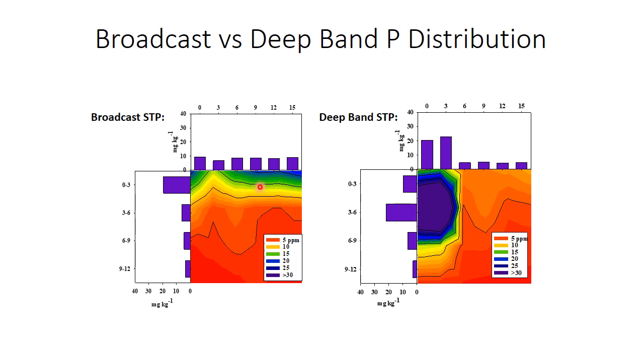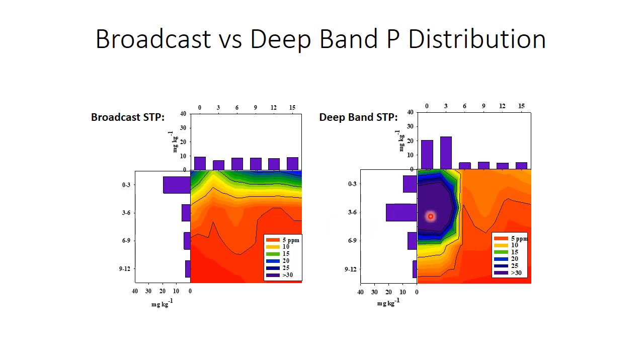Whereas for broadcast phosphorus, the same idea occurs at the surface, where there's plenty of available phosphorus for the plants, and because there's no tillage being used, we get a stratification where there's less phosphorus down below.